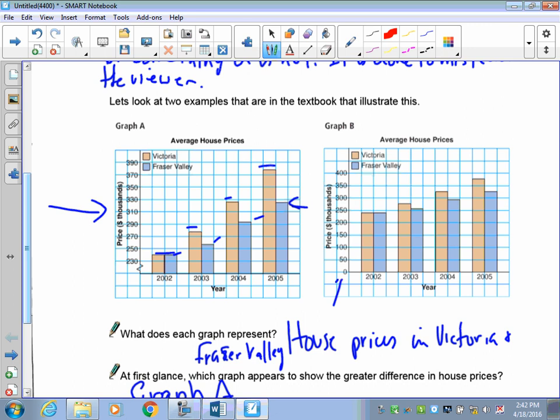This person is probably doing a comparison of housing prices for, I don't know, tax purposes or something like that. In graph B, it shows the proper graphing in terms of being able to compare, because it's all the same scale, and this shows a better representation of the differences. Okay, so let's go on.